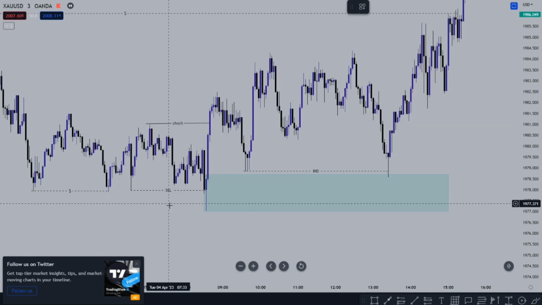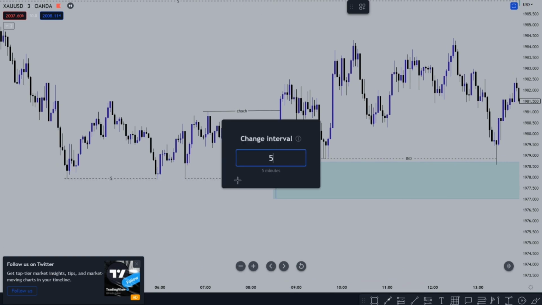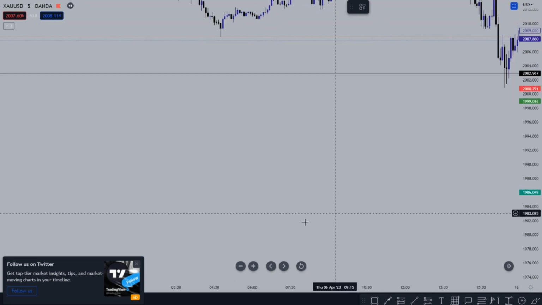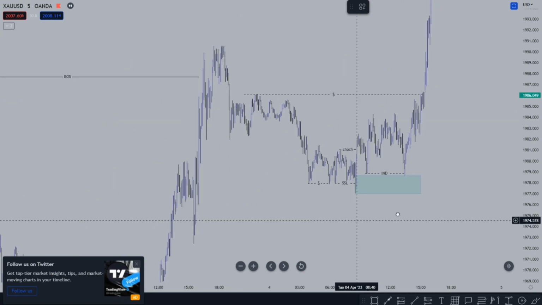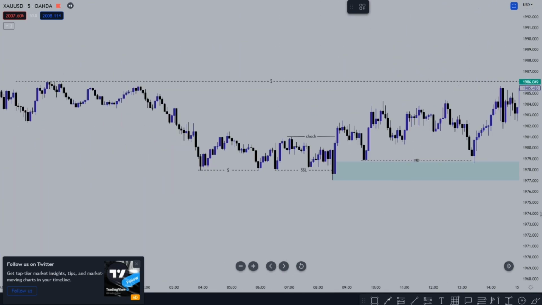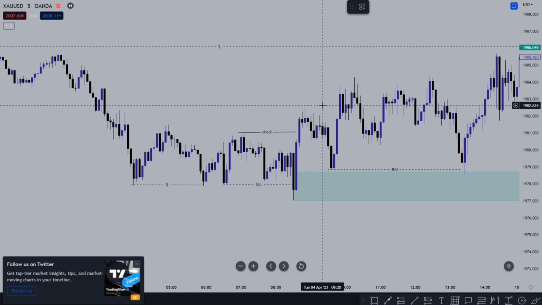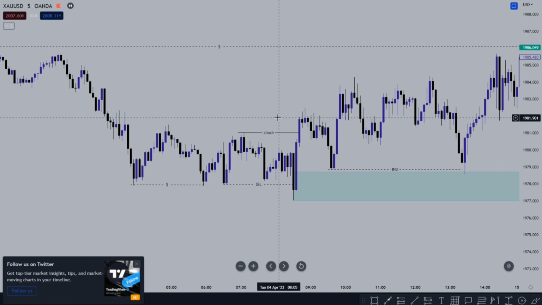After this change of character, this last selling here is a buy candle, but in reality this is the last selling, because this was the last selling and taking this liquidity, and then price made a change of character here, right?